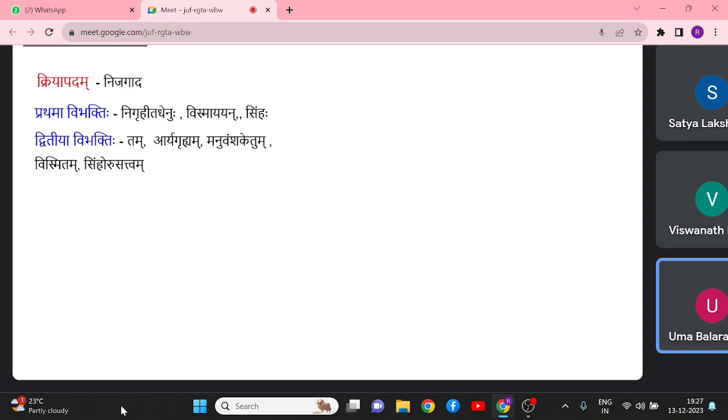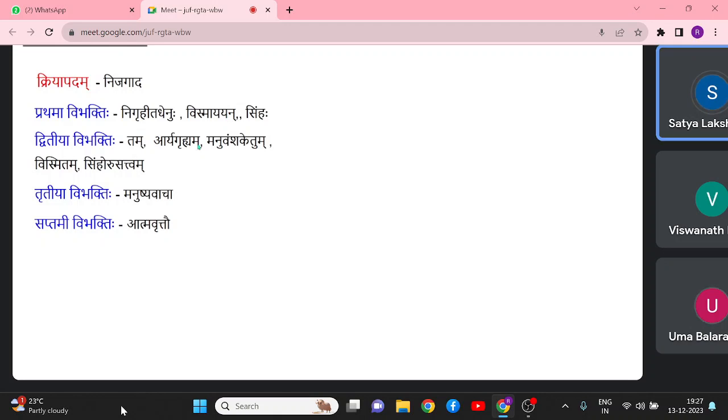Manushya Vacha. Correct. Chaturthi? Chaturthi Nasti. Panchami? Nasti. Shashti? Nasti. Saptami? Asti. Vismita. Atmavruttau. Vismita is Dvitiya. Vismitam and Vismita. Atmavruttau. Uttamam. So, Kriyapadam Nijagada.